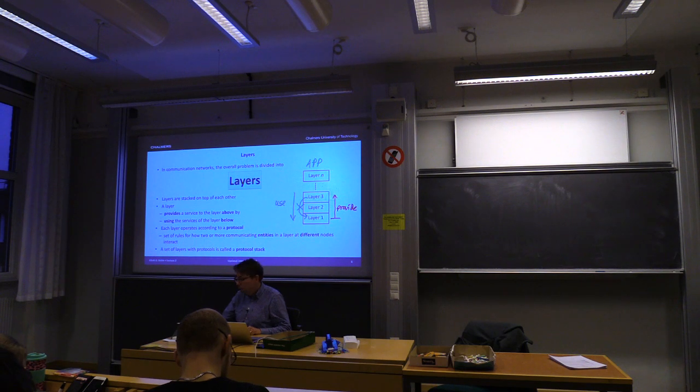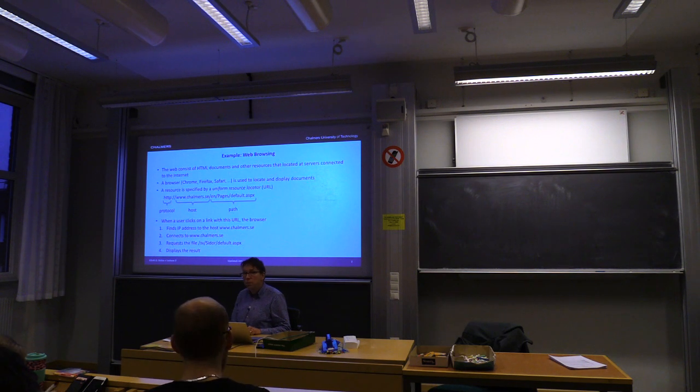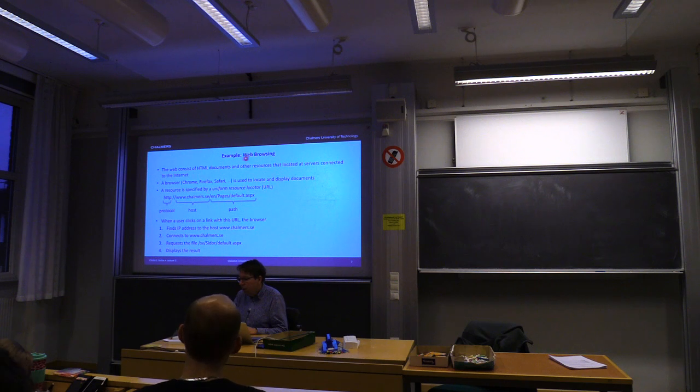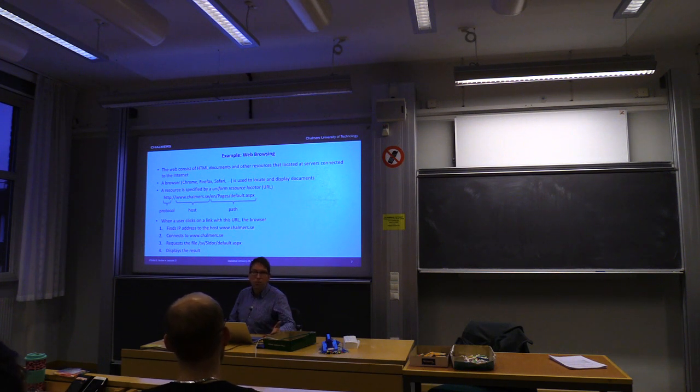No? Okay. So then let's make an example out of this to try to clarify a few things. So web browsing is a typical service that we use, I would say, on a daily basis, right? So what is the web? Well, the web consists of HTML documents and other resources which are located at servers connected to the internet. So the web is basically a distributed database of information, in a way.